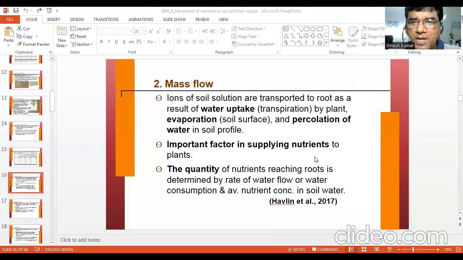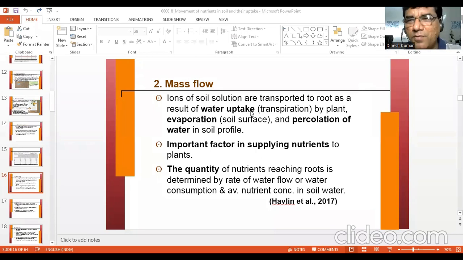And now we go to mass flow. So ions of soil solution are transported to roots as a result of water uptake, transpiration. So water also moves from soil solution.